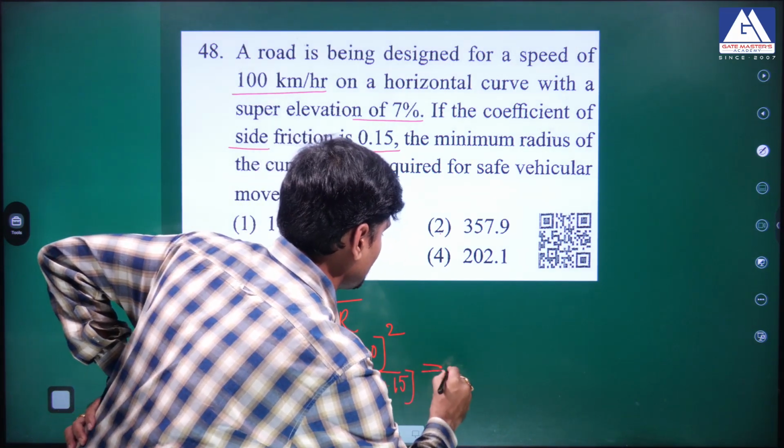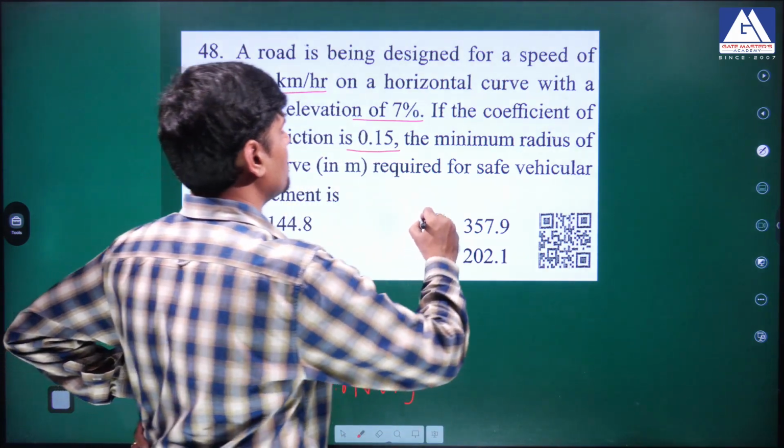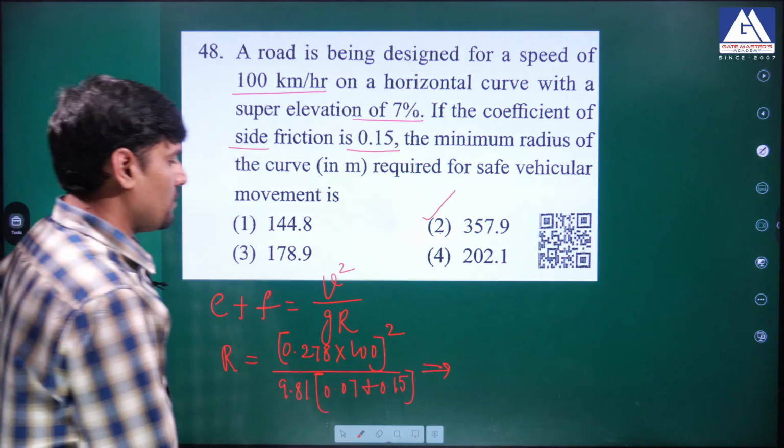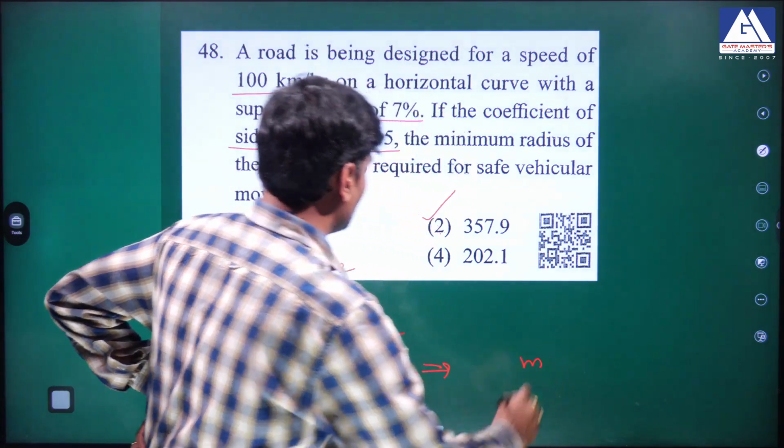If you solve this, you will arrive at an answer somewhere around 357.9, and the answer that you get is in meters.